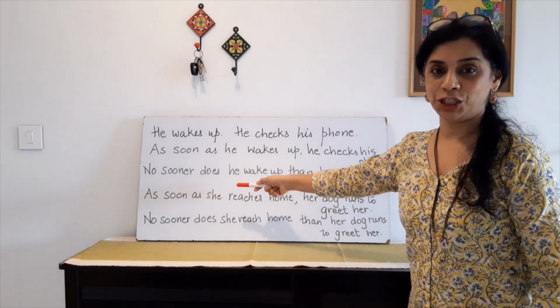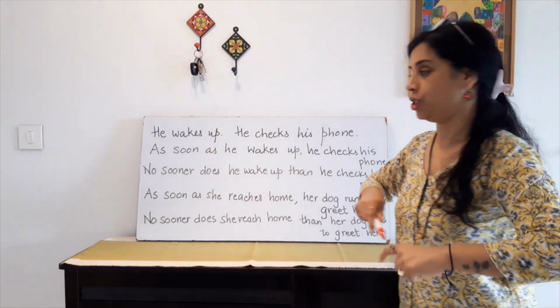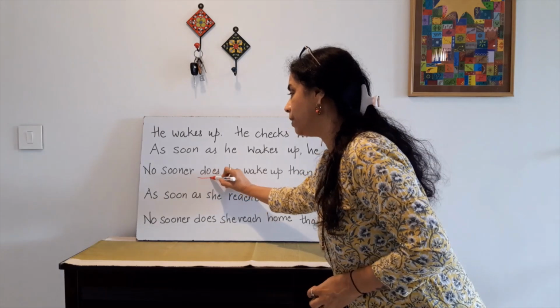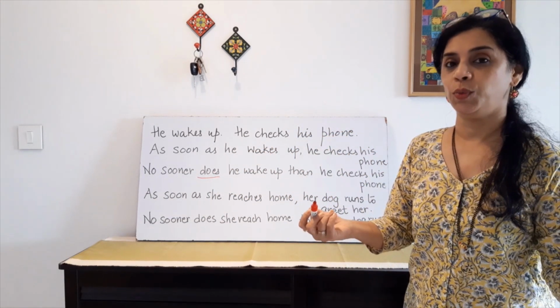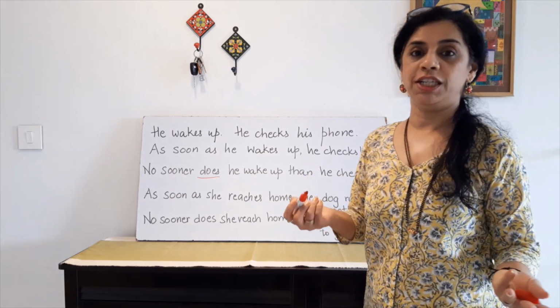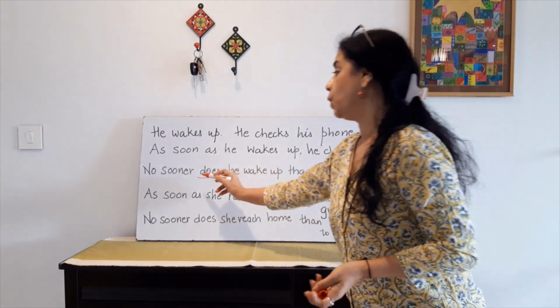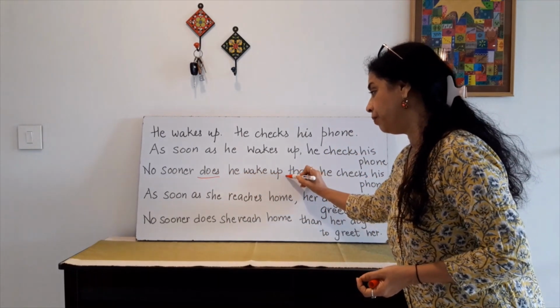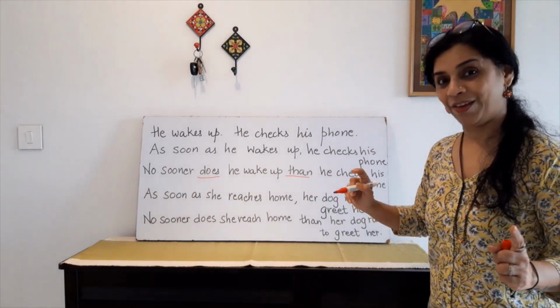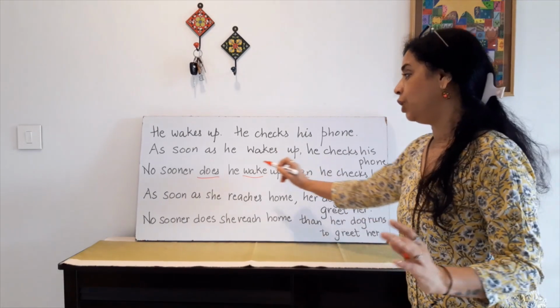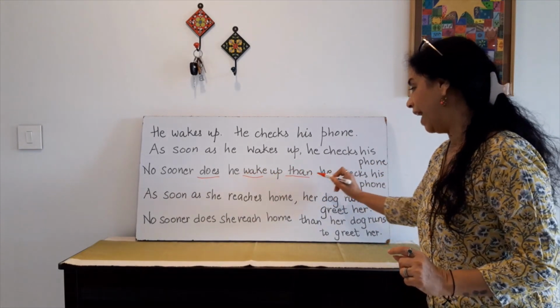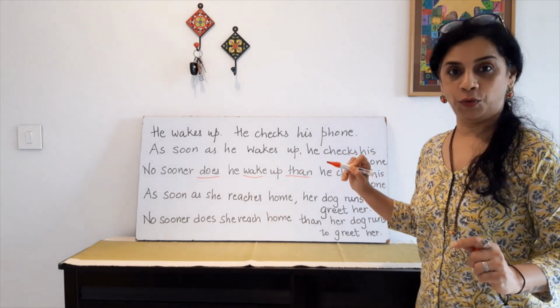When you interchange it with no sooner, the change is no sooner does. Now since it's present tense, you use the word does and not did or was. No sooner does he wake up, this word has to be there. Wake up, again simple present tense. No sooner does he wake up than he checks his phone.